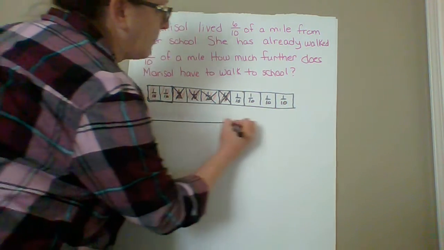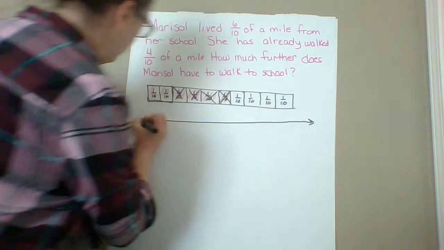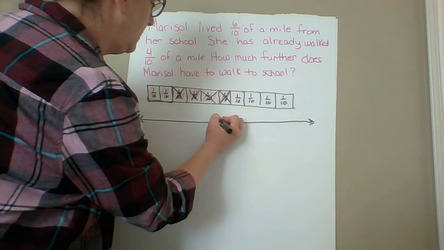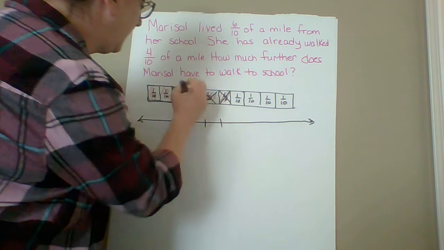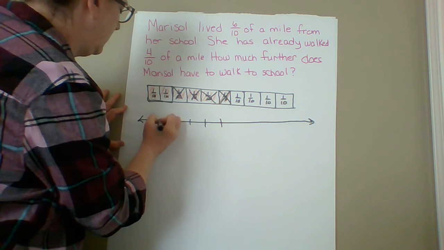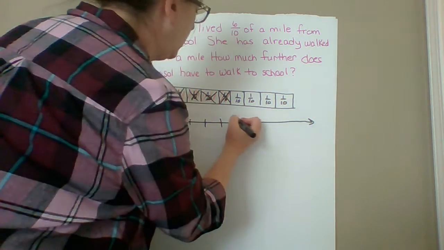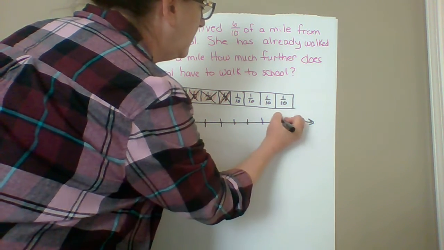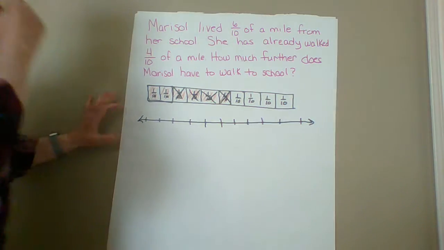So I'm going to draw a number line. Okay, and I'm going to kind of use the tape diagram above to show my partitions. All right, now I need to label this.